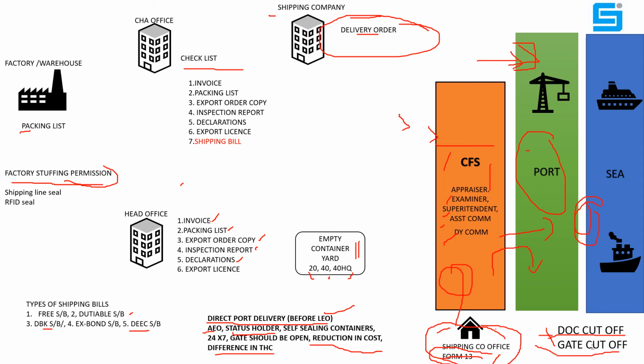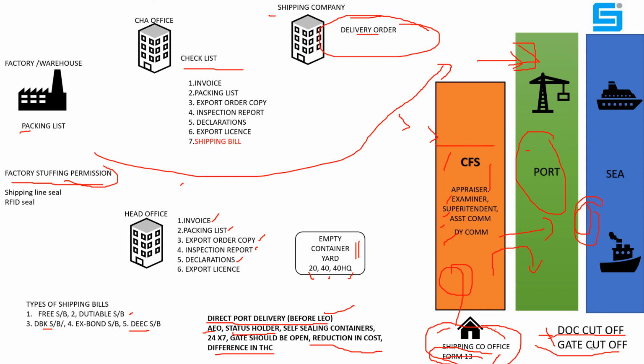So the gate is open 3 or 4 days in advance. If your vessel is taking berth after 10 days, then the gate will not be open. So before taking this container to the port, you have to check whether the gate is open for that particular vessel. The gate is always open, but it is not open for every vessel. It is open for those vessels which are taking berth within 2 or 3 days.